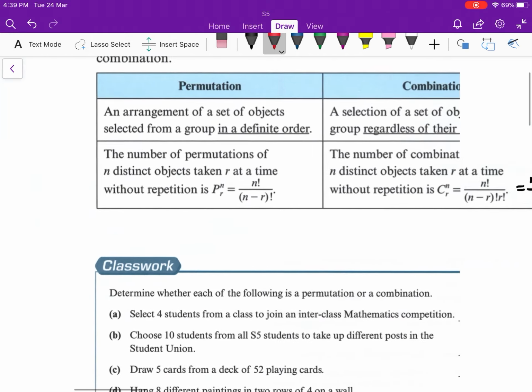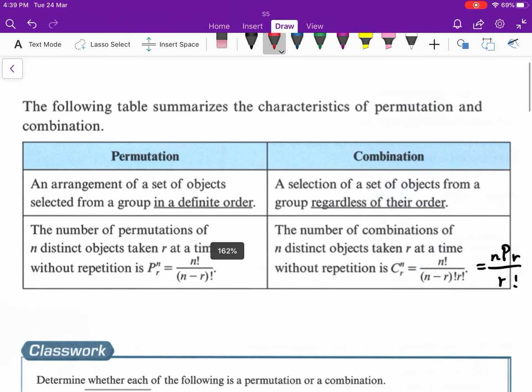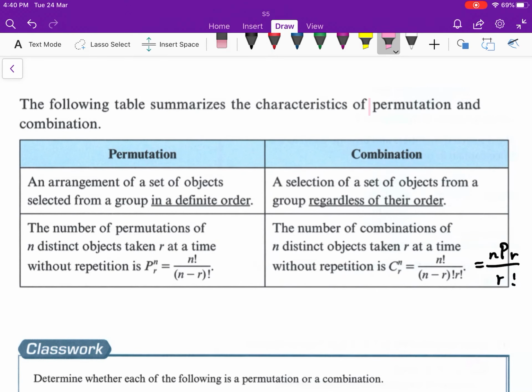So now let's summarize the difference between them. What's the difference between permutation and combination? First of all, in permutation, we do care about the order, but in combination, we totally don't care about the order.